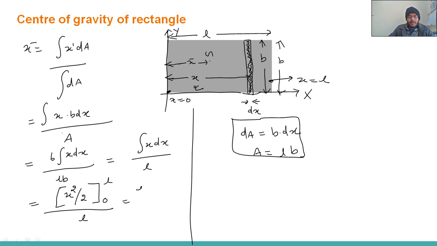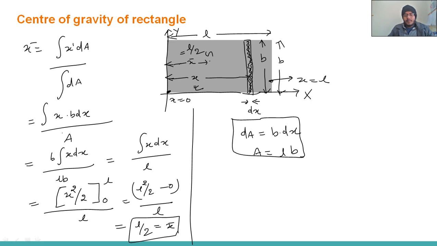So it will come L square by 2 minus 0, divided by L. So from here we can write L by 2, that is x bar, meaning x dash will be L by 2. Okay, so this is the integration method that I am using to calculate the center of gravity.